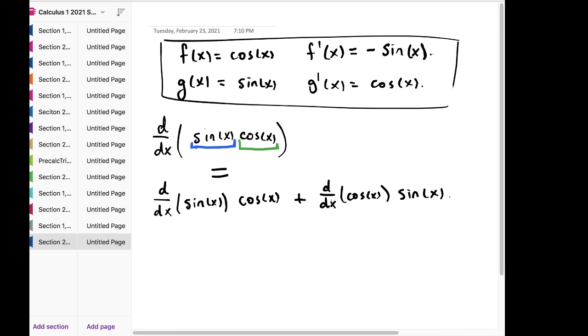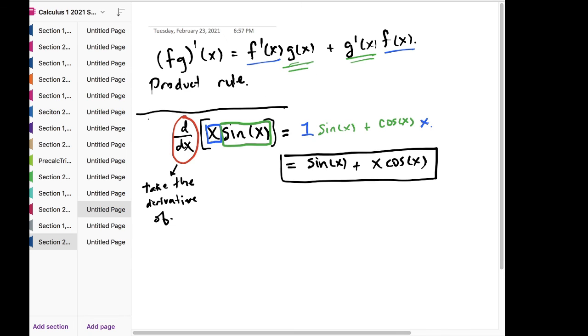So you can see this is why I like this notation sometimes better, just because it's easier to write all those things out. Everyone agree that that is the product rule? Just written out a little bit differently.